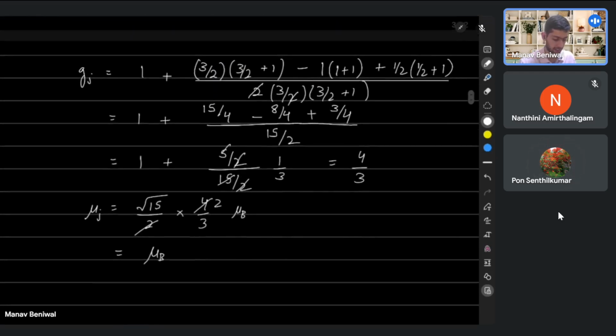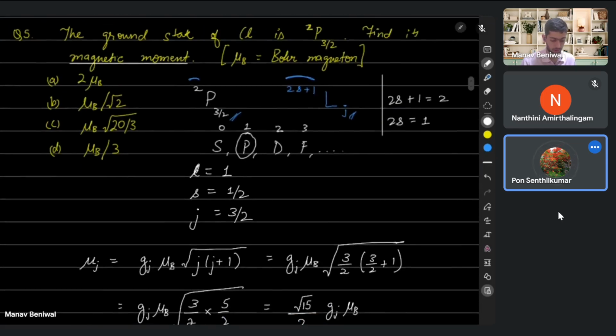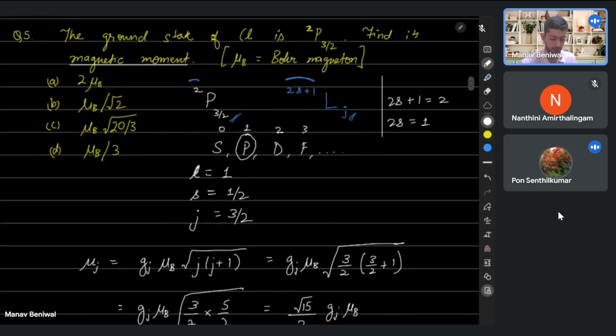So let us rewrite as under root 15, and this 2 will become 4 and 3 will become 9, like this, right? So cancel with 3, this will give you 5. So this will give you under root 20 by 3 times mu B, which is option C.